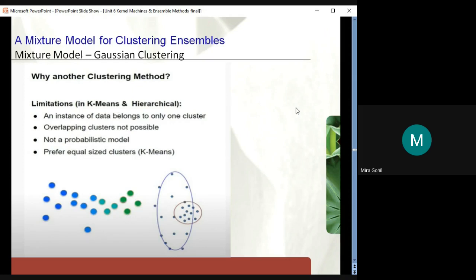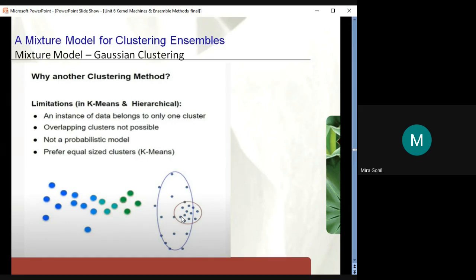The second limitation is overlapping clusters are not possible. Okay, so now see here, you can see this figure. यहाँ पे अगर इस टाइप का कुछ डेटा स्ट्रक्चर अगर हमें चाहिए तो यहाँ पे नहीं मिलेगा. ठीक है, अगर ओवरलैपिंग होता है क्लस्टर तो इसके लिए कोई कैलकुलेशन नहीं है. Whatever we are doing with the k-means and hierarchical clustering, they are all individual clusters.